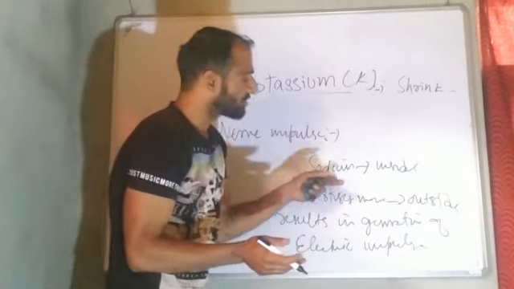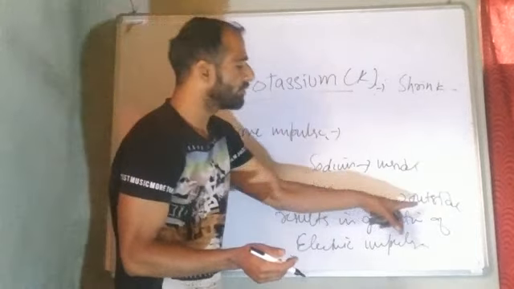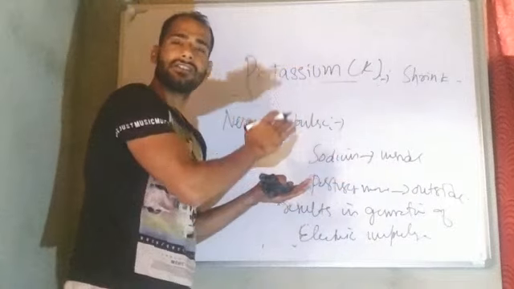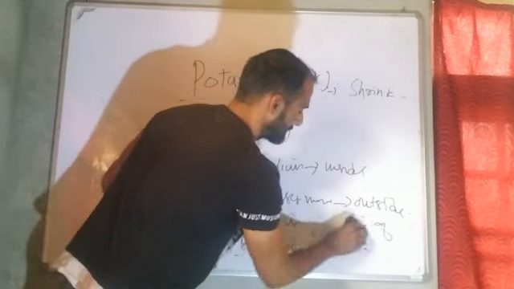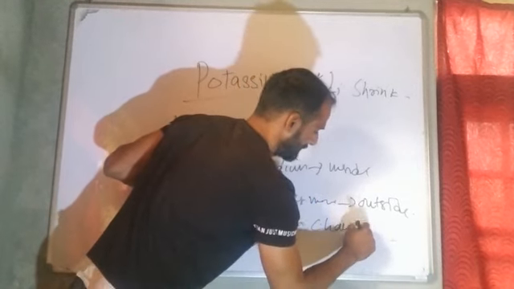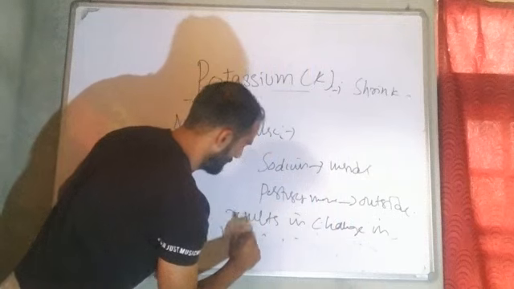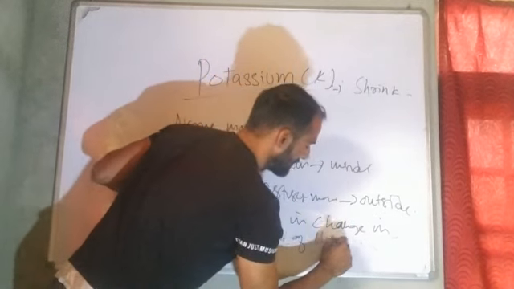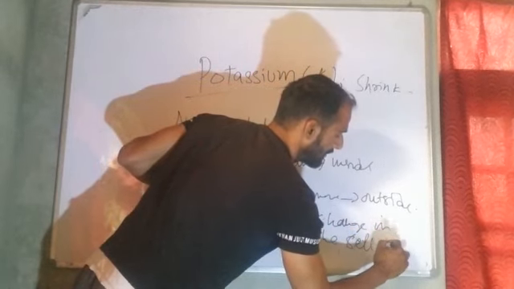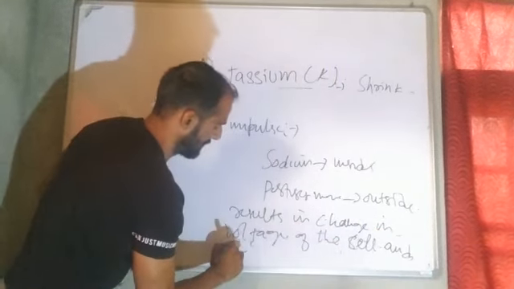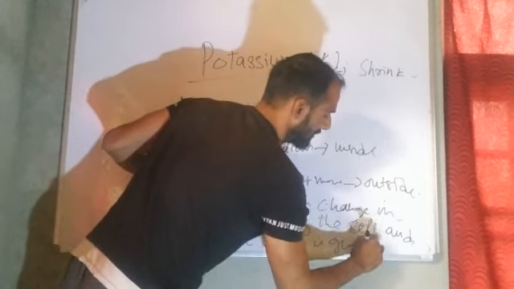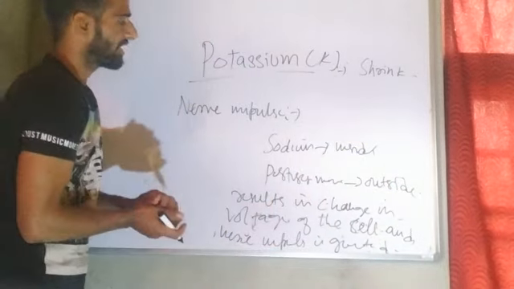Okay, so when the sodium moves inside the cell and potassium moves out of the cell, results in change in the voltage of the cell and nerve impulse is generated.